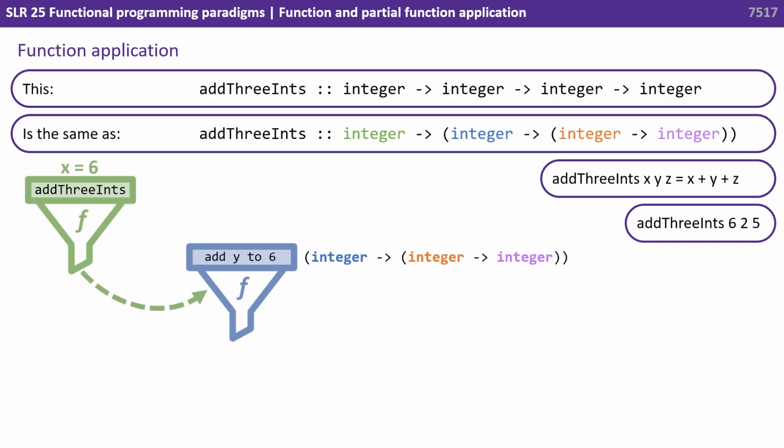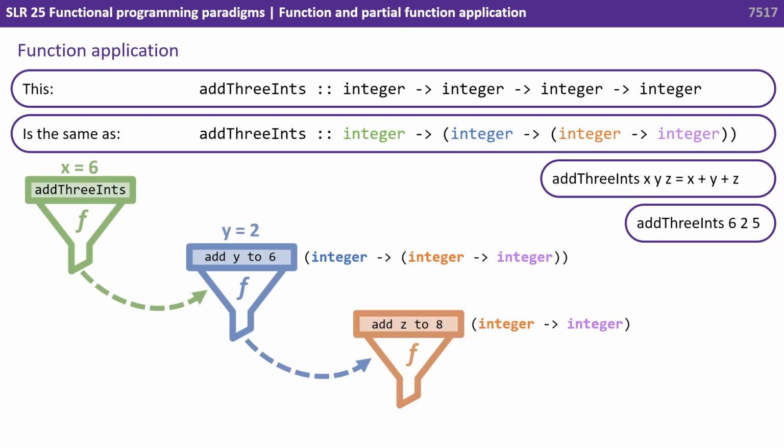We can then evaluate the inner bit. So now we've got 6 plus the 2, that's already been calculated. So now we're taking in a single output, and we add z. Z is now our only input, and we add it to the previous value of 8. And of course, we carry on. And we end up with our total 13.